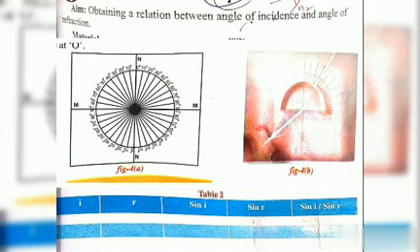That glass disc is one of the mediums. MM line downside, nothing is there. That is the other medium, the air medium. And the semicircular glass disc's center coincides with the point O.